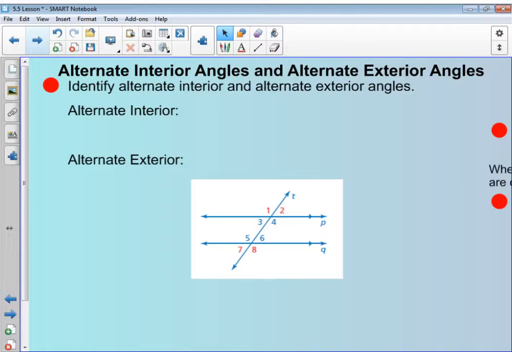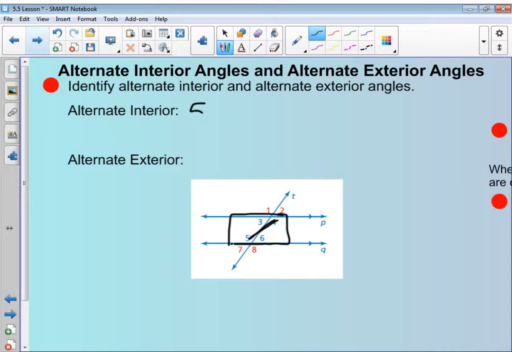Now I'm very visual, so I like to go ahead and identify with a box. Here are my interior angles, the ones inside of the box. Alternate, they're on the alternate side or diagonal from each other. 5 and 4, and that means 3 and 6 are alternate.